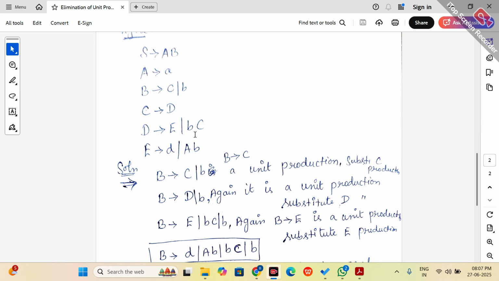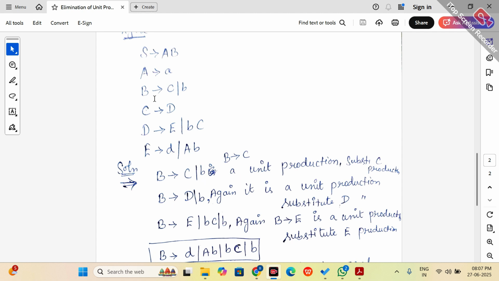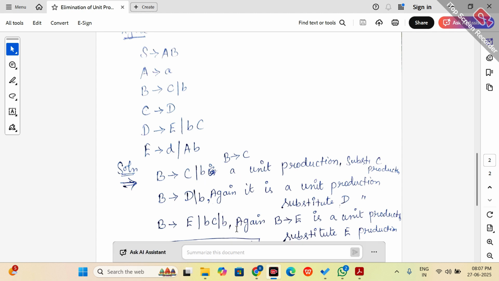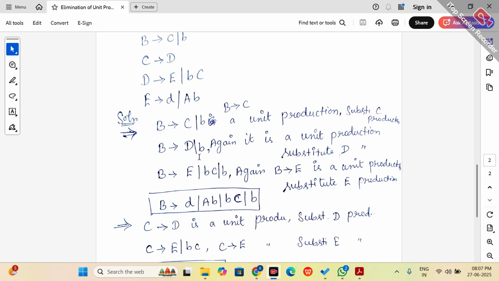For D, there are two different productions, E and bC. This b is from the B production itself, so we can write the b as it is. Again here B tends to E is a unit production. So for this E, we have to substitute the E production.